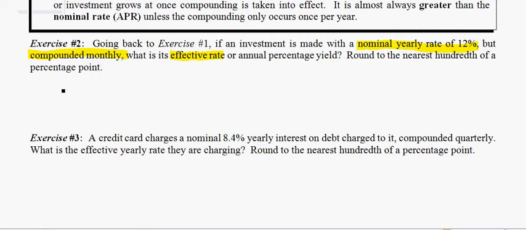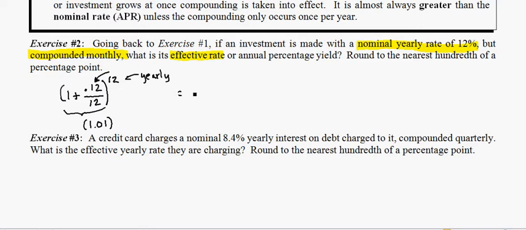We'd say, okay, they're telling me that I'm getting 12%. Normally what would happen is I would just take a 1 and add to it 0.12. But because I'm compounding it monthly, I'm going to divide that by 12. That's where we got 1.01 back in our calculation. But then I actually have to raise it to the 12 because I want to get the yearly rate.